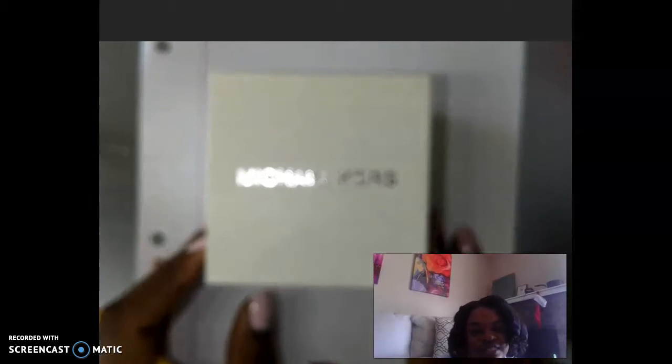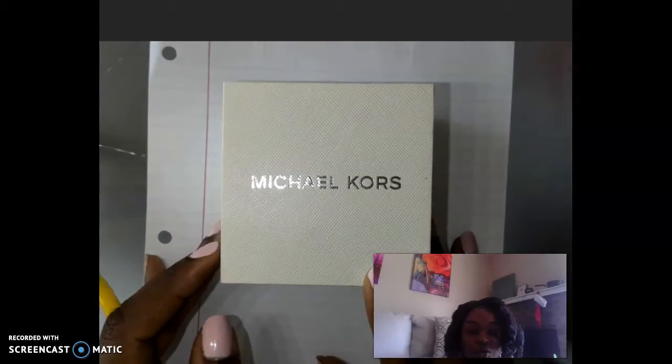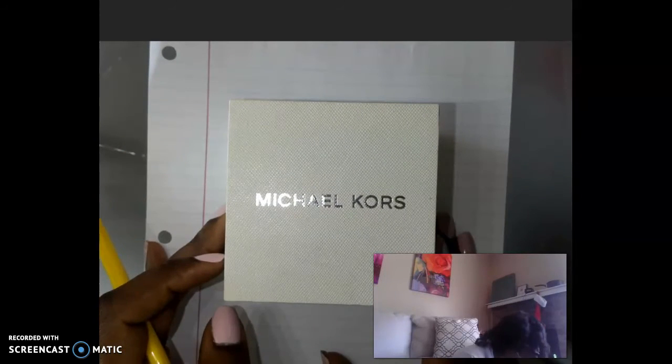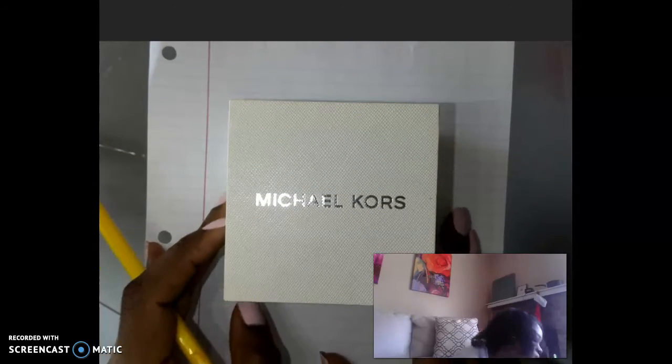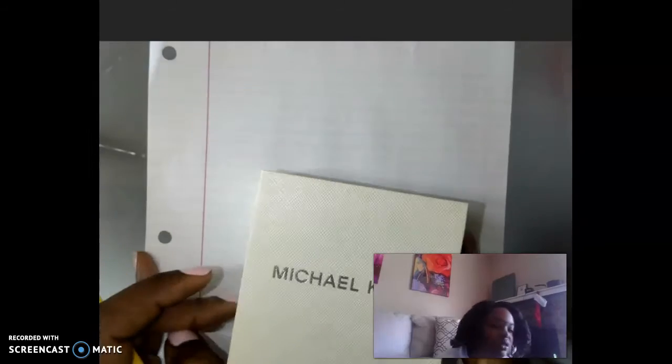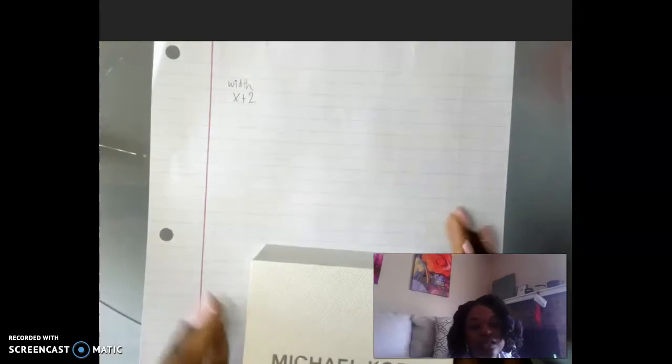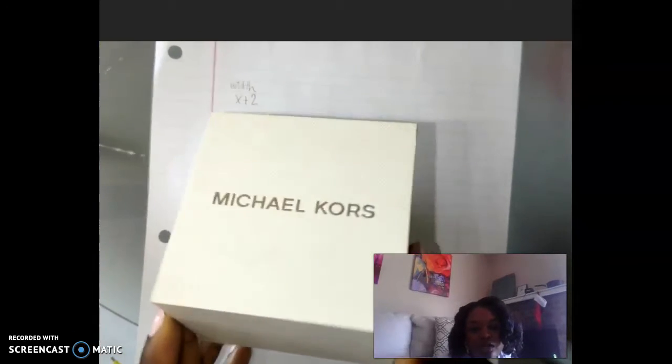So in this case, let's say we know some given length for our width here. Let's say we know that our width is x plus 2. And let's say we also know the total volume here.